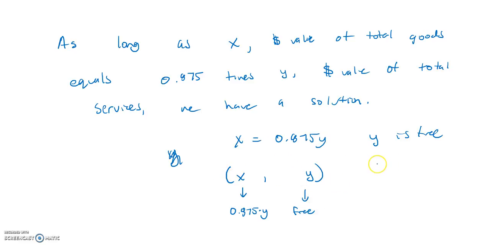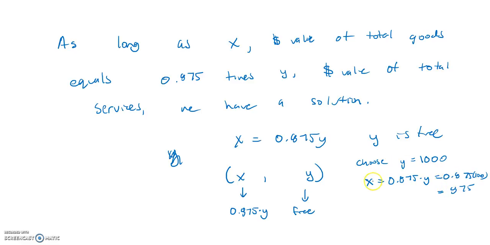Let's think of one that will work. Let's choose y equals 1,000. If there are $1,000 in services, then x would have to be 0.875 times y, which is 0.875 times 1,000, which is equal to 875.